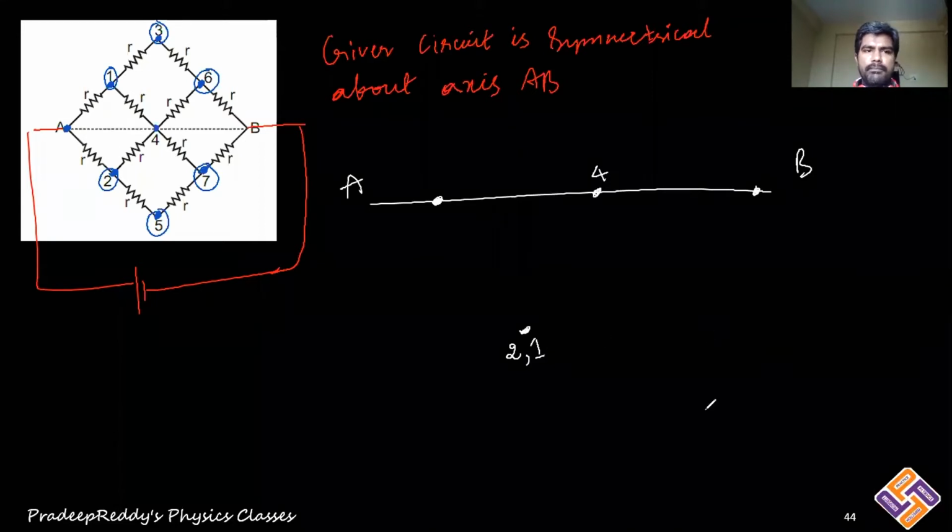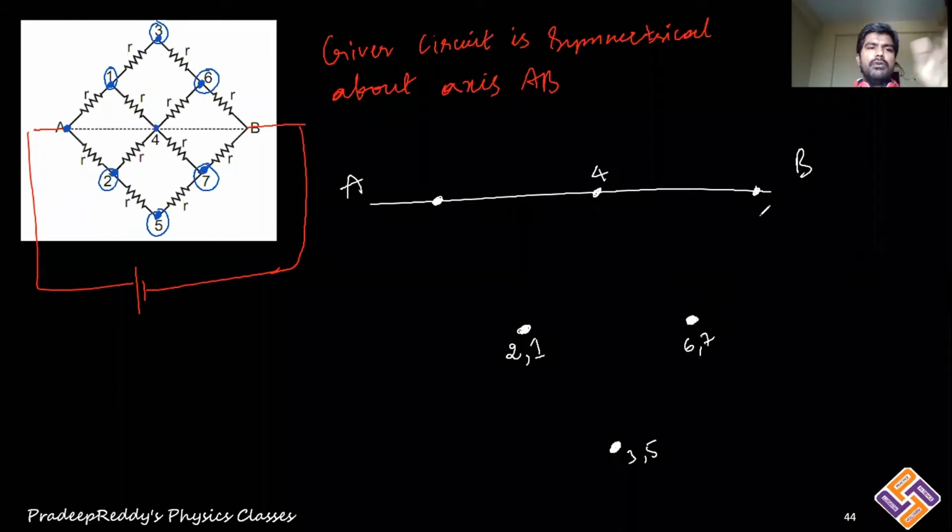Below the horizontal it is 2, above the horizontal it is 1. 1 and 2 have the same potentials, therefore I'm denoting it with only 1 point. Likewise, 3 and 5 have the same potential, so I will denote it at this position as 3, 5. Next you have 6 and 7, which have the same potential. Therefore, I'll denote it with 6, 7.